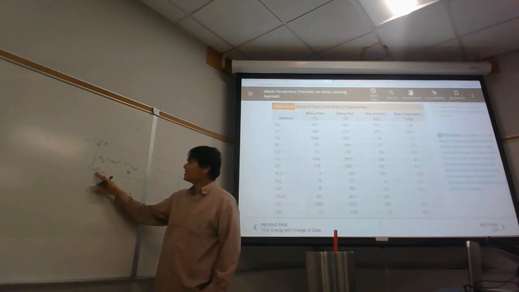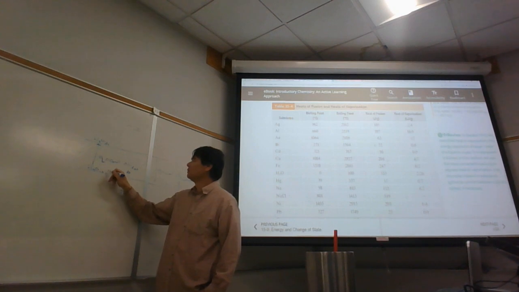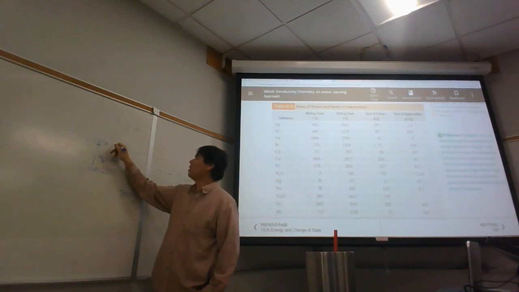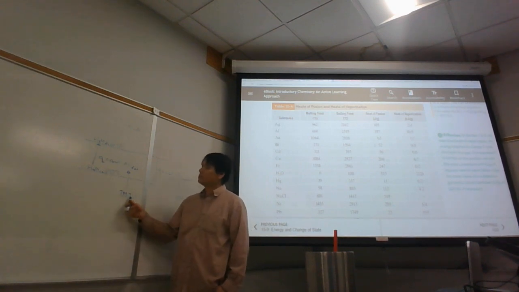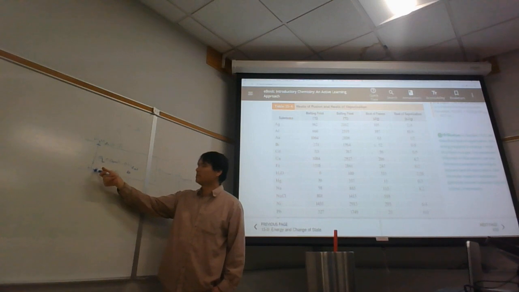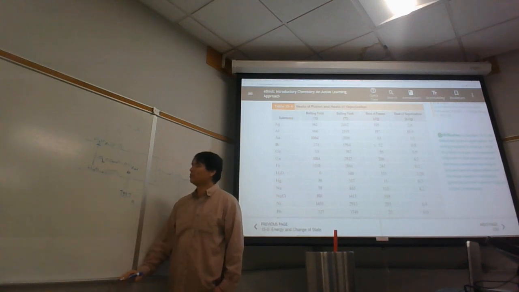If I have ice, the ice is going to be at 0 degrees C, and then the liquid water here is going to be at 0 degrees C. And so all this heat goes into breaking apart the hydrogen bonds and the dispersion forces holding water molecules together in the solid.